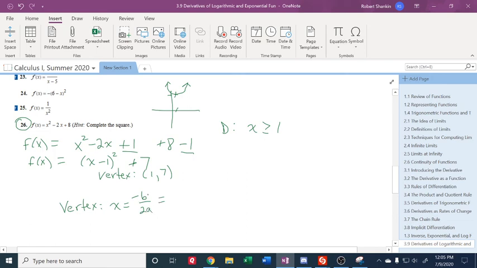Remember, negative b plus or minus square root of b squared minus 4ac all over 2a. That's the quadratic formula. If you get rid of the plus or minus square root part, you're left with negative b over 2a. That gives you the vertex of the parabola.